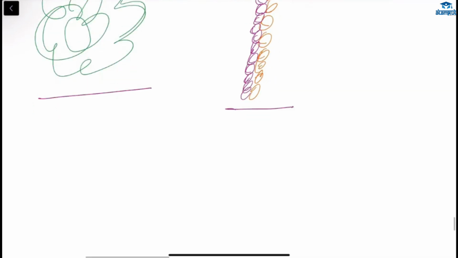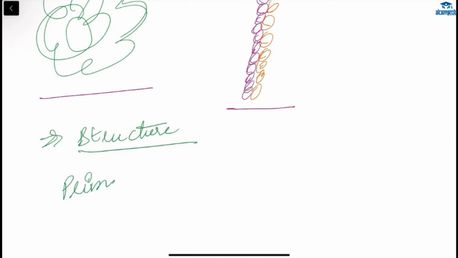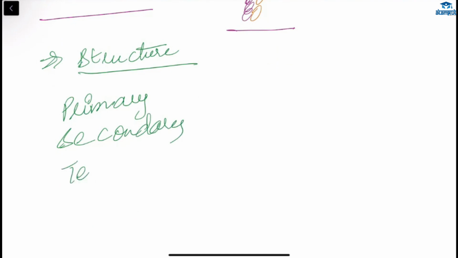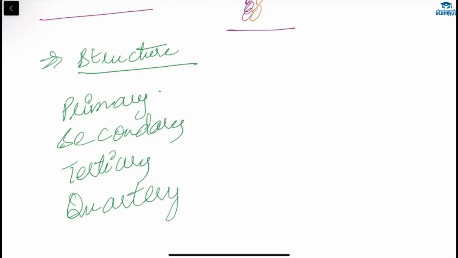Structurally also, same way. Structures will be written: primary, then secondary, then tertiary, then quaternary. Quaternary is the most complex one. Primary and secondary are the simplest. Primary ones will be like this, the simpler one. Only the molecules get attached with a simple straight peptide bond.